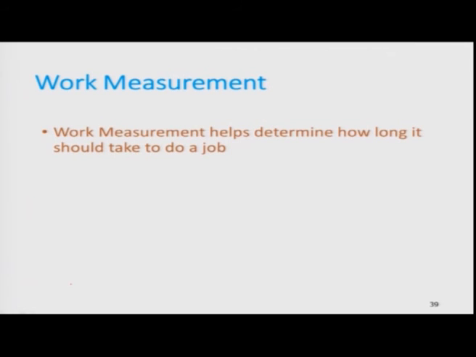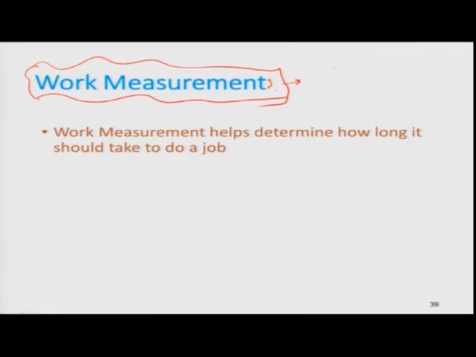Now, work measurement. After designing your method analysis, motion study and taking into consideration the work environment, then you will have to technically measure work. Okay. With work measurement, you measure the effort of your workers so that you can grade your worker or your process, or if you want to measure the productivity of your system, you will have to measure it.